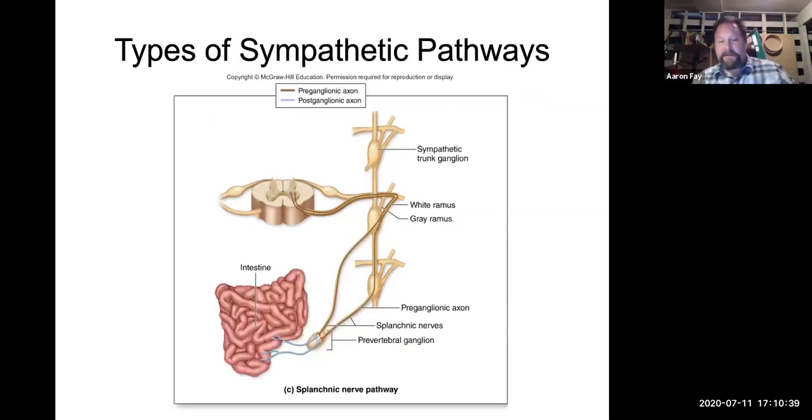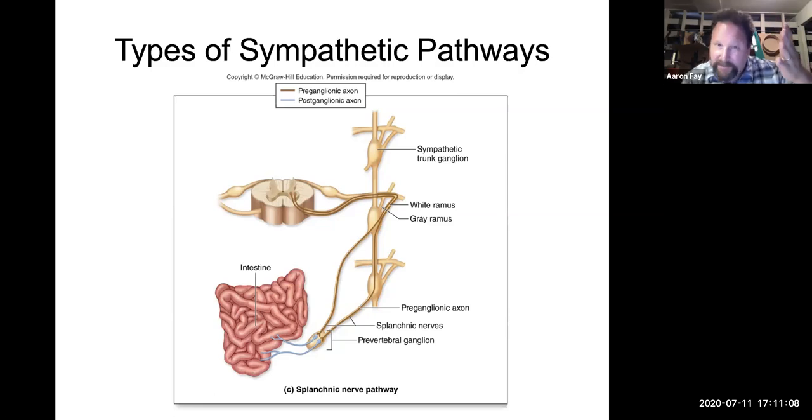Now, the next one, splenic nerve pathway. In the splenic nerve pathway, you do not have a synapse in the sympathetic trunk ganglion. Notice that you're having a very long presynaptic axon that passes right through the sympathetic trunk and then finds its ganglia way out close to the target organ. This is weird, right?